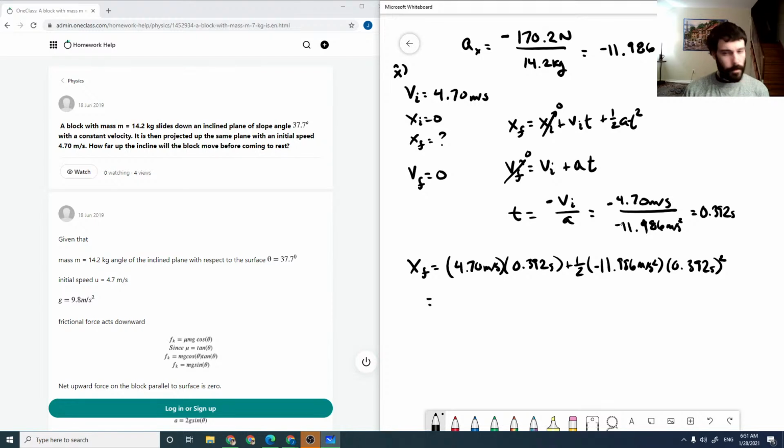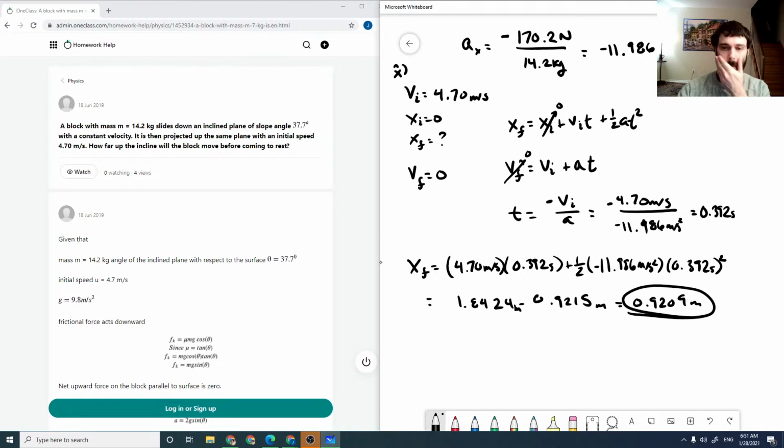And we get 1.8424 minus 0.9215. These are in meters. So 0.9209 meters. So that's how far up the slope we reach.